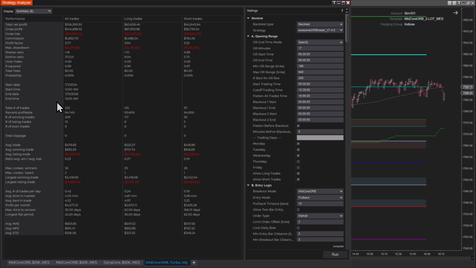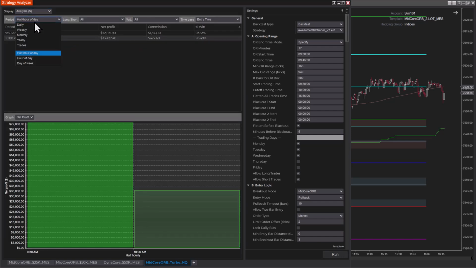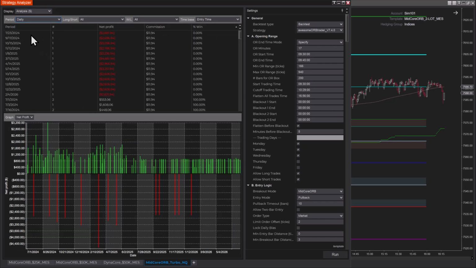As you can see, this is a 94% chance of winning every day. But the average losing trade is about 2,900. So what does this do? Let's say you get a funded Bullinox account and you want to get to payout status as quickly as possible. Well, you can use this.